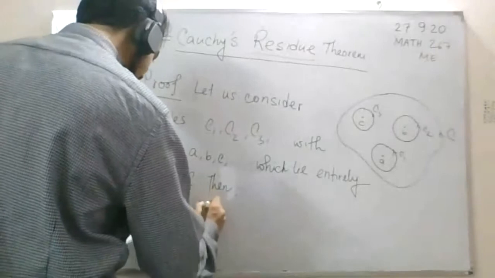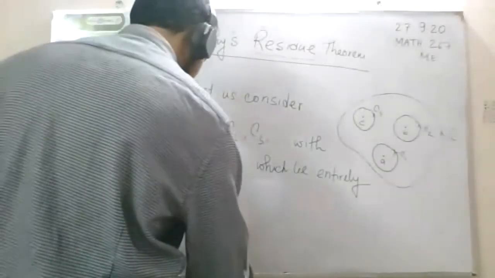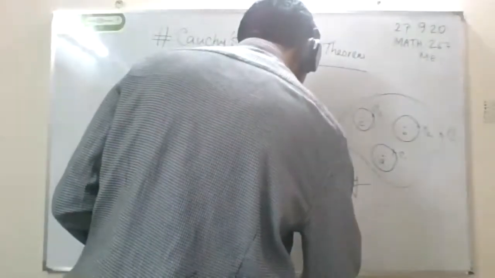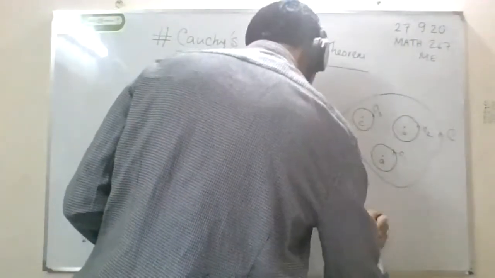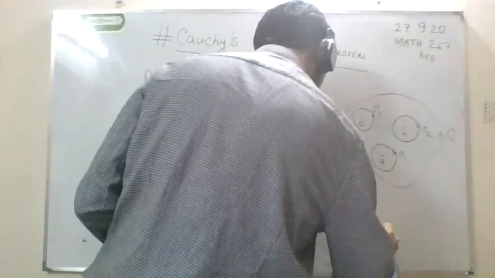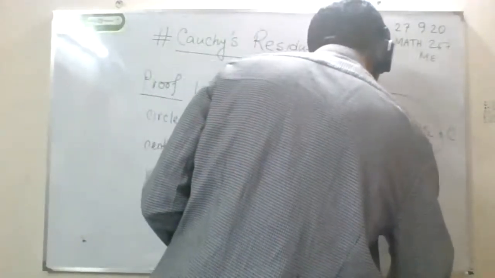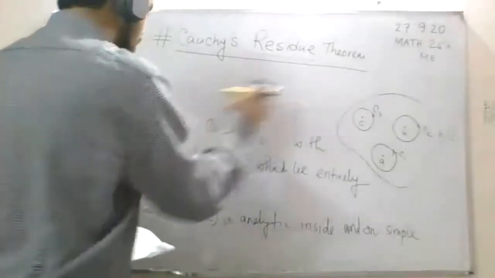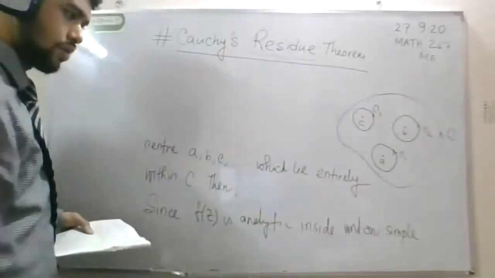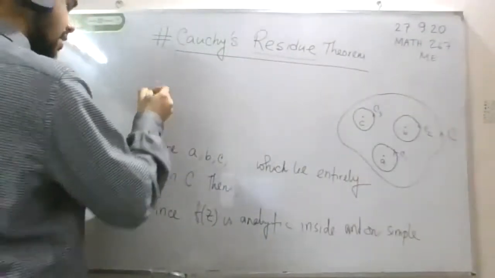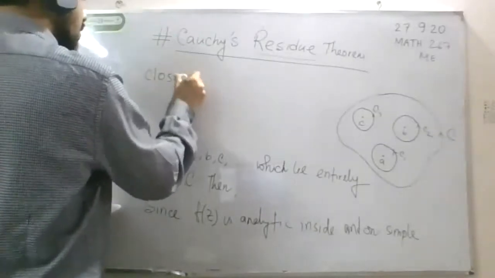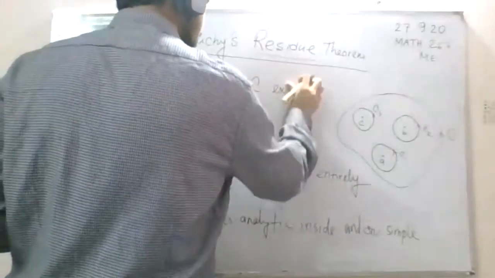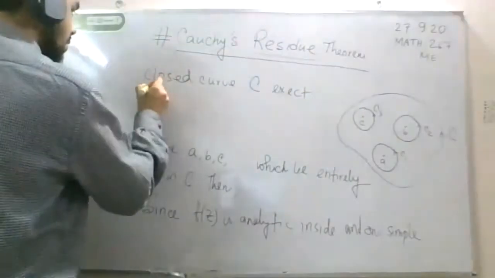that if f(z) is analytic inside and on the simple closed curve C, at z equals a.